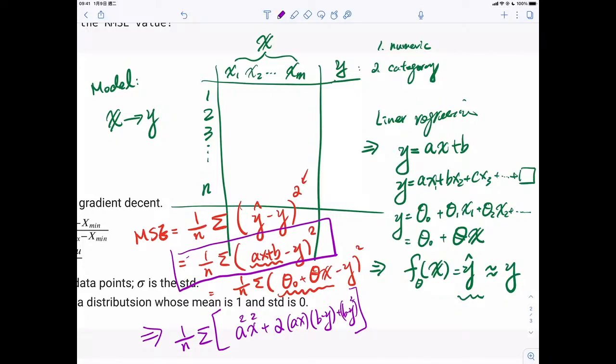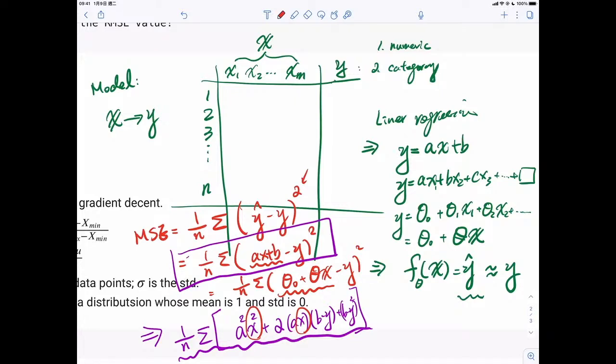If you simply square this item, you can see that this value is a polynomial of x, and it is of order 2.